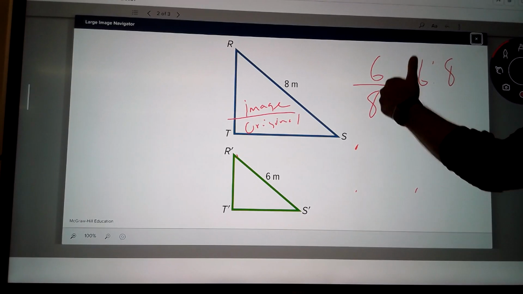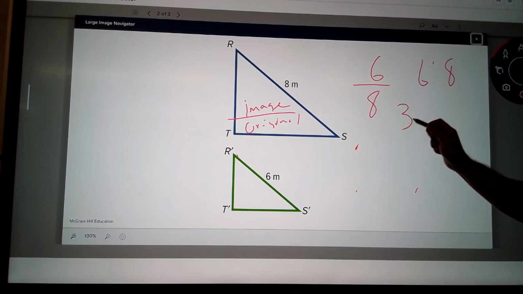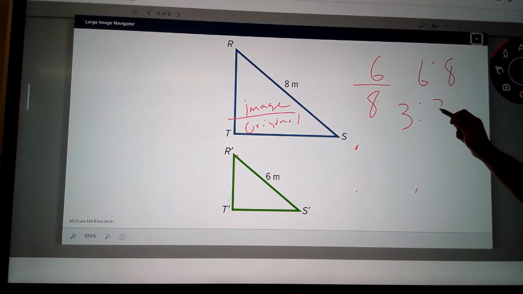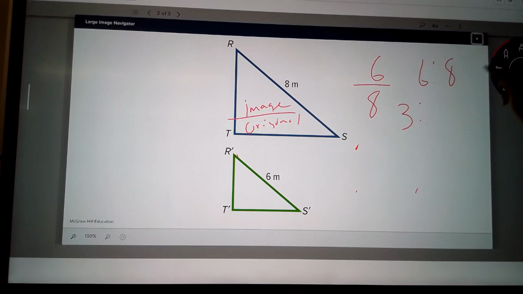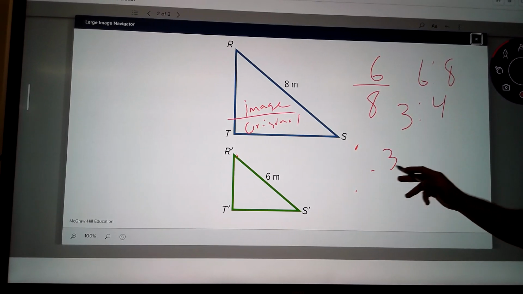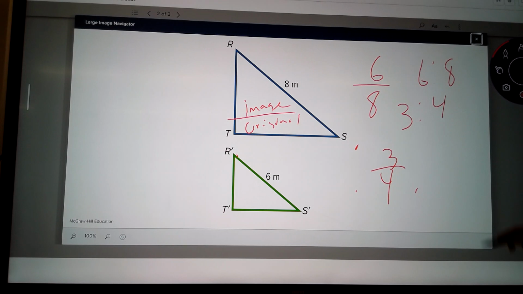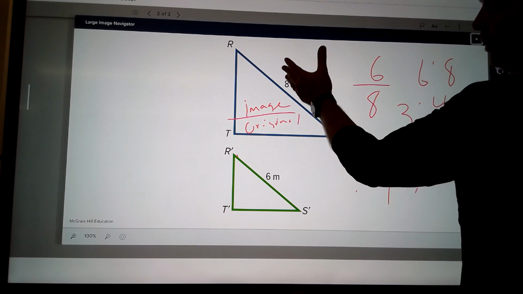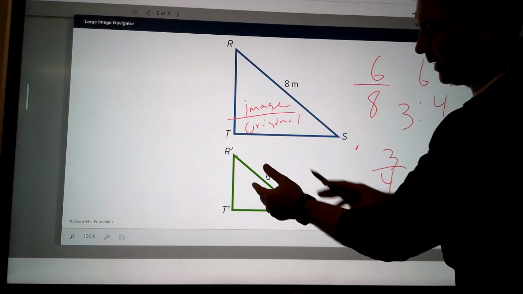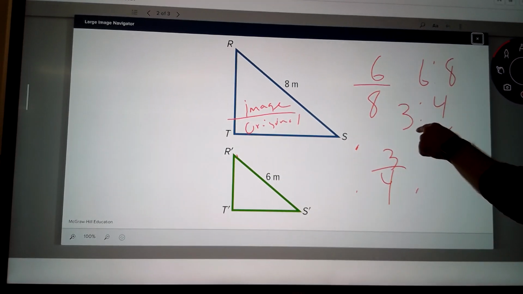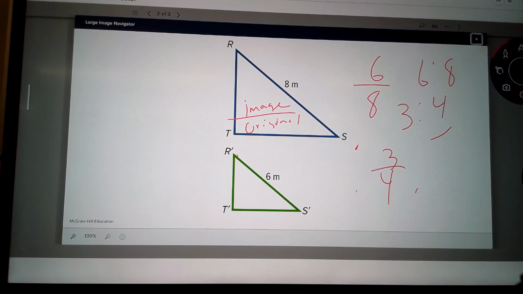What goes into both 6 and 8? 2. That would be 3 to 4. You could also write 3 to 4 this way. So whether it's a fraction or 2 dots, doesn't really matter, but 3 to 4. So this would be getting smaller. We went from one size, we shrunk it down. This is less than 1, so we know that it's going to be reduced.